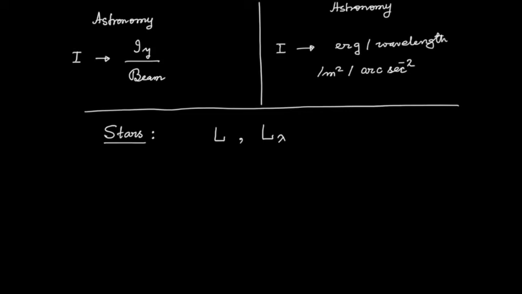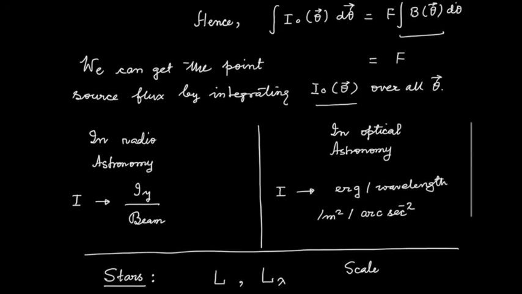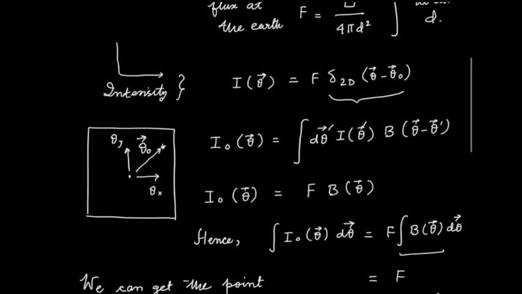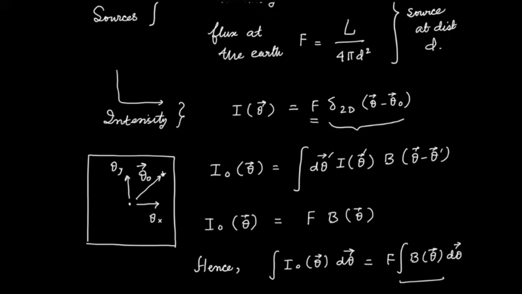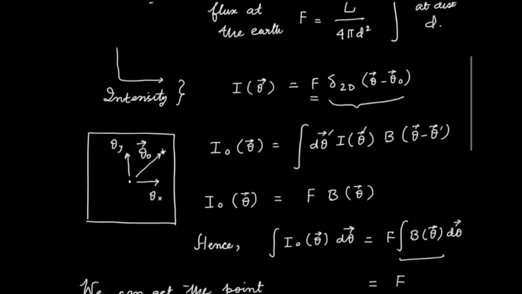When people assigned certain numbers to different stars in the sky, there was only one instrument which could measure these numbers, or relative numbers rather, and that instrument was our eye. And our eye, so the scale of the brightness of the star, and you see that the brightness now will be, because it's a point source, completely dependent on the flux of the star at our eye.